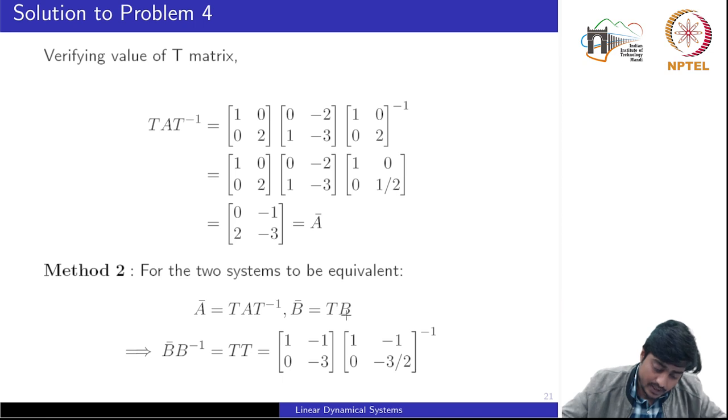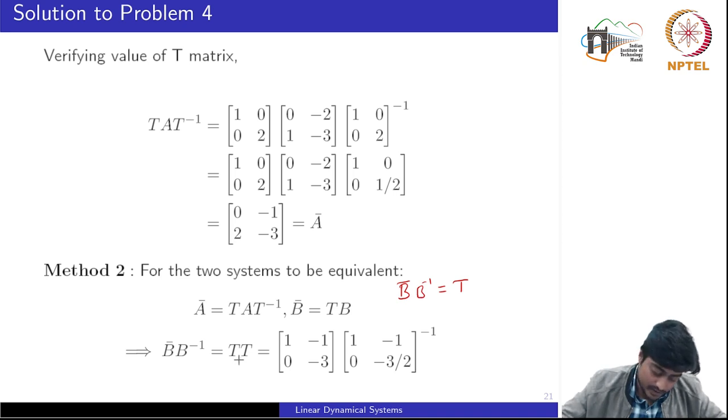Here we have an advantage that B is a square matrix, and on top of that, B is in fact non-singular. So if I pre-multiply this equation by B inverse, I can obtain the T matrix directly. What I mean is, this equation is given to us. If I pre-multiply by B inverse, I would have B bar B inverse is equal to T. So I can obtain the transformation matrix directly by the multiplication of B bar and the inverse of the B matrix.